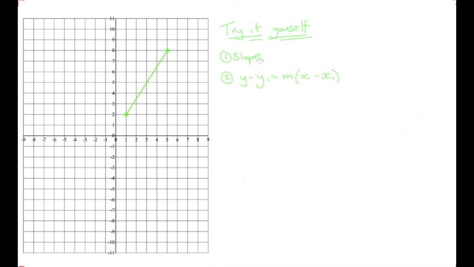So you find the slope, and then using this formula, you put in one set of coordinates and the slope that you just found, and then you present it in the two ways that I showed you in the previous question. And you find the coordinates by reading the coordinates from this line, from either end of this line. Okay, good luck.